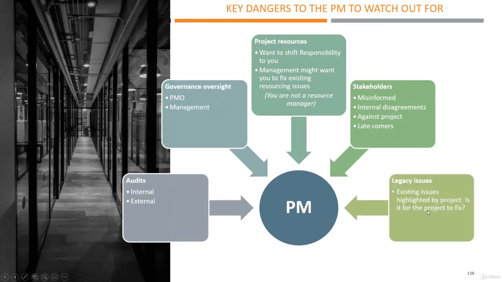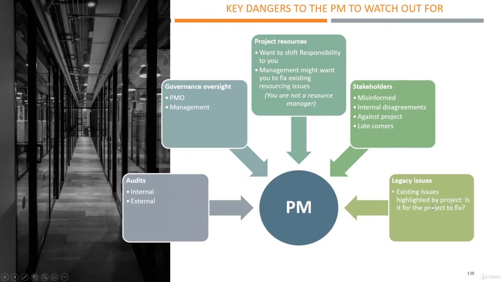Legacy issues. Those are existing issues that the company has, internal workings that are not performing. I'm not talking about resource issues here, I'm just talking about processes, about things that are not working well, maybe a lack of quality somewhere. And as a project manager, is it really your role to fix those?